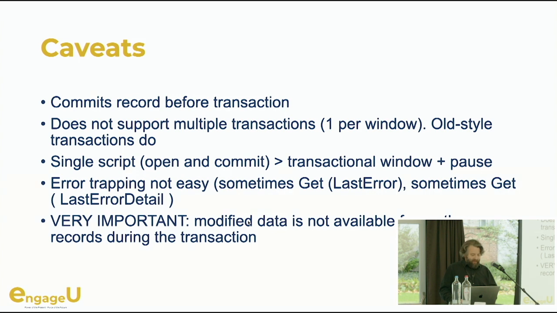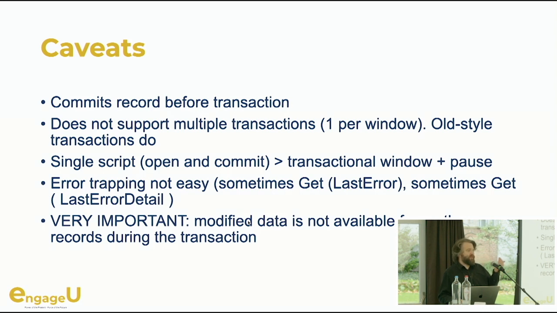Error trapping is not easy. Sometimes you've got to look at get last error, sometimes at get last error detail. If you do get last error, it then removes the other two, error detail and location, so you have to set a variable to all three of those at the same time to be able to use them somewhere else. Well, depending on what you do.